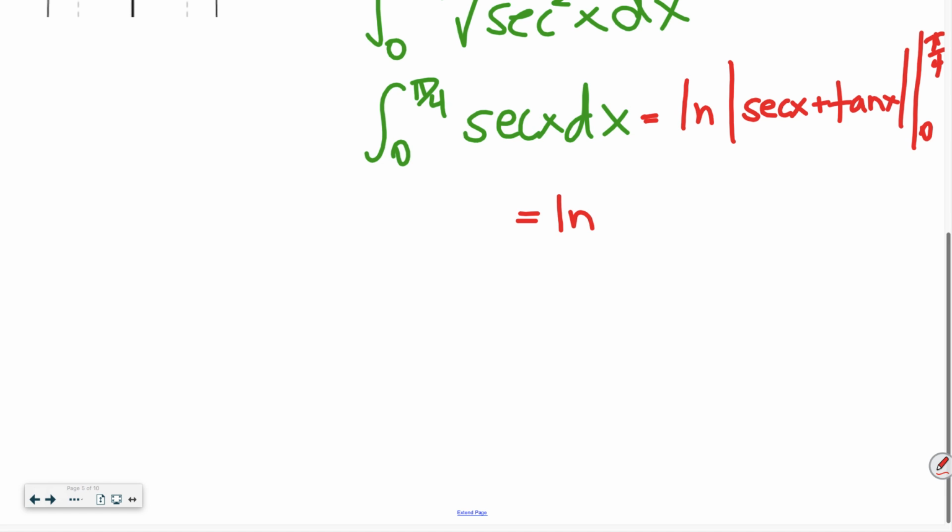Okay, it is a form. Darby, what's the secant of pi over 4? It would be radical 2. Thank you.